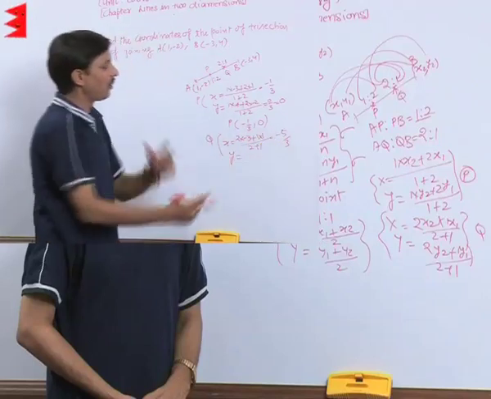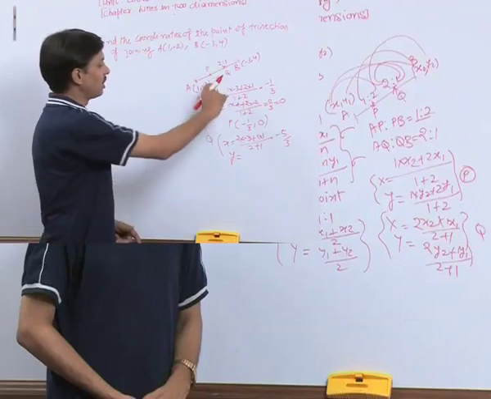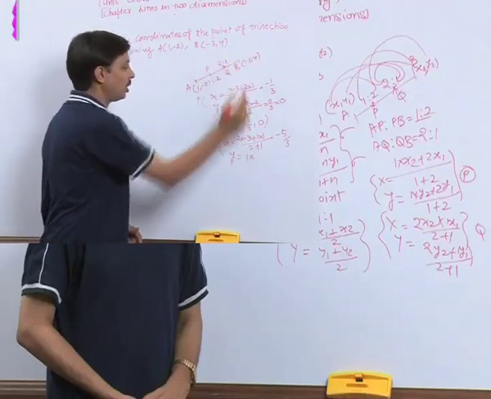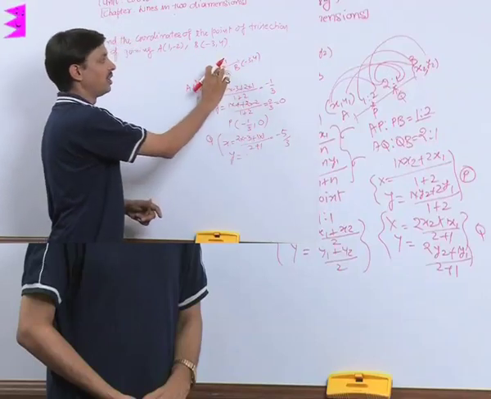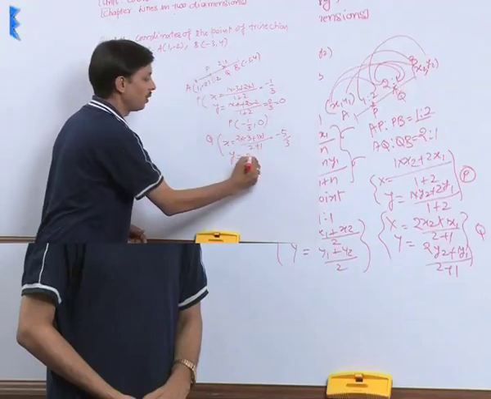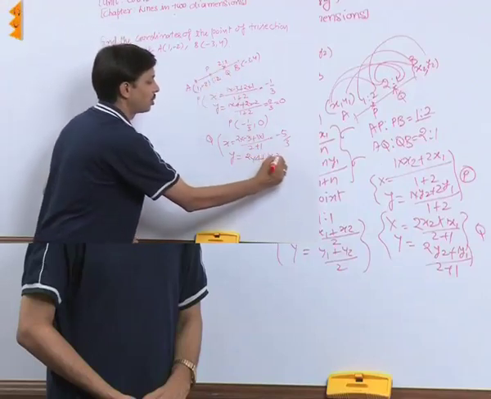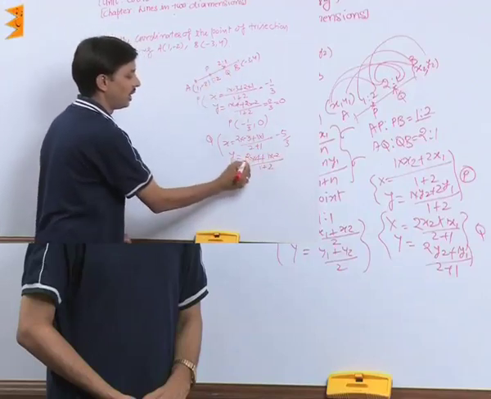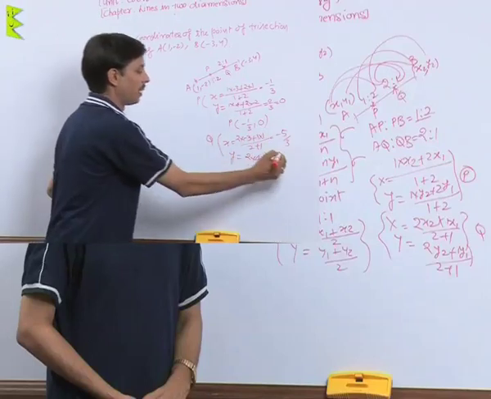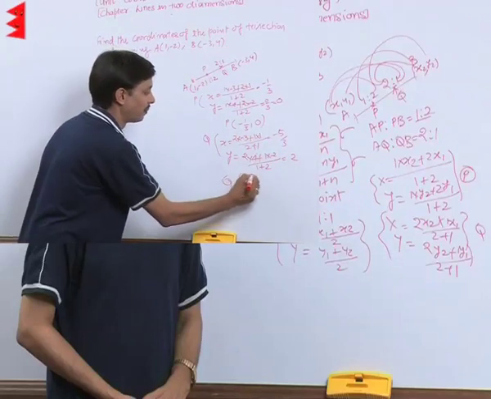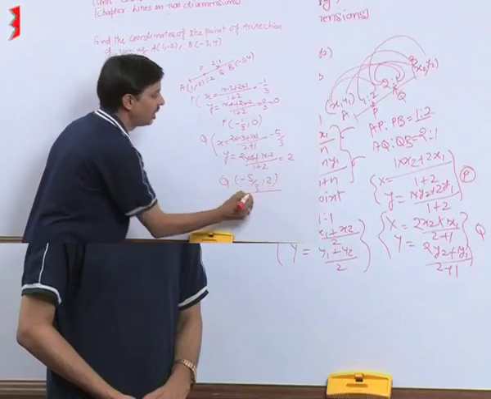To calculate the value of y, we take 2 into 4, because we are finding the coordinates of Q, plus 1 into minus 2, upon 1 plus 2, that is 8 minus 2, which becomes 6 upon 3, that is 2. So the coordinates of Q become (minus 5 by 3, 2).